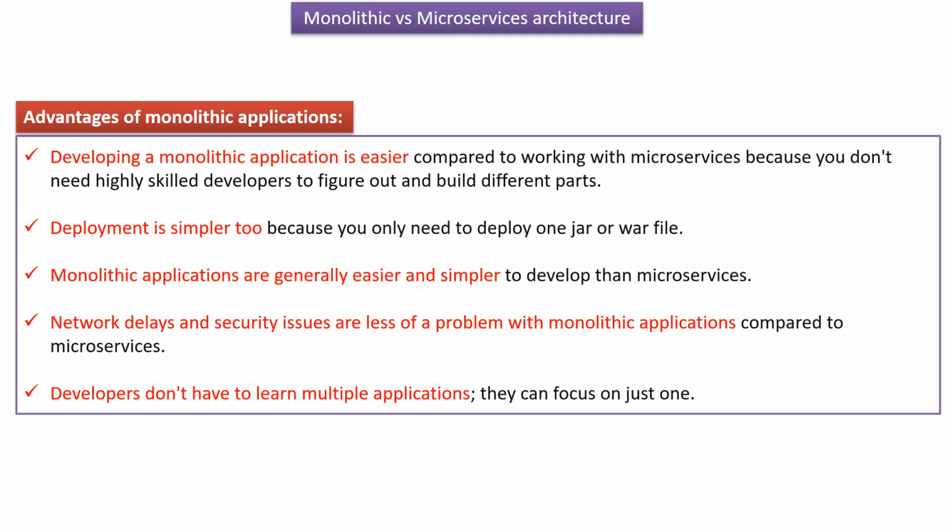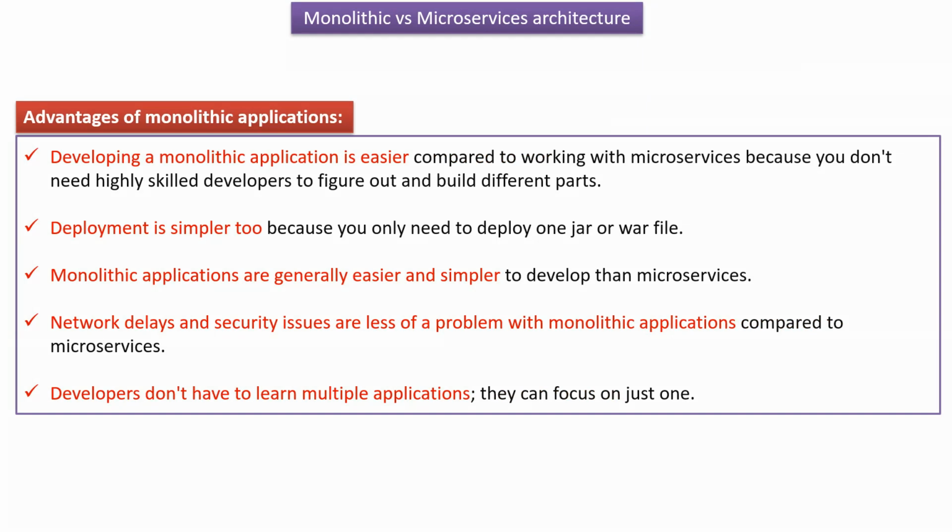Now we will see advantages of monolithic applications. Developing a monolithic application is easier compared to working with microservices because you don't need highly skilled developers to figure out and build different parts. Deployment is simple too because you only need to deploy one jar or one war file.